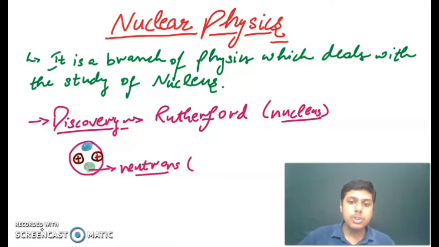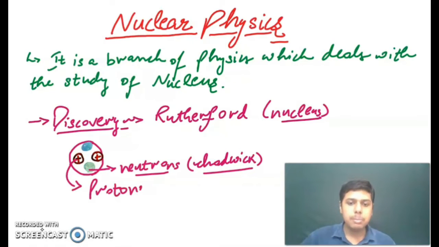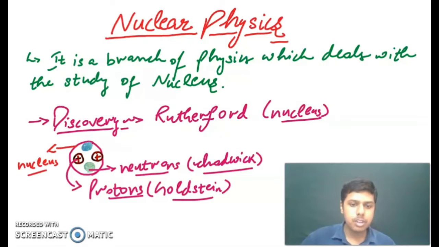The discovery of neutrons was performed by the scientist Chadwick, and these are the protons, and the protons were discovered by the scientist Goldstein. And this complete sphere which you can see is the nucleus, which was discovered by scientist Rutherford.